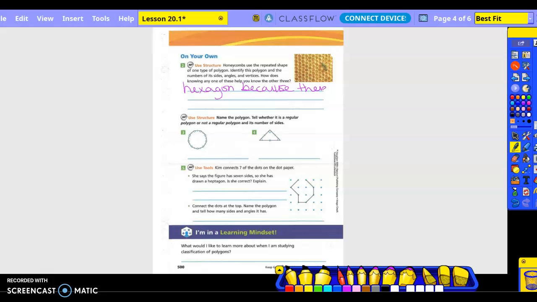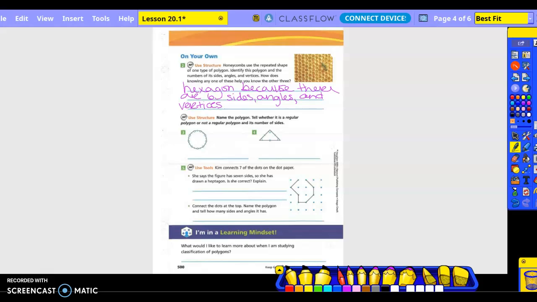Because there are 6 sides, angles, and what? And vertices. Okay, so when we look at it, we can tell that there's 6 sides right off the bat, and then we can also tell that they're what? Congruent as well. Okay, and then that also helps us figure out the angles and vertices.